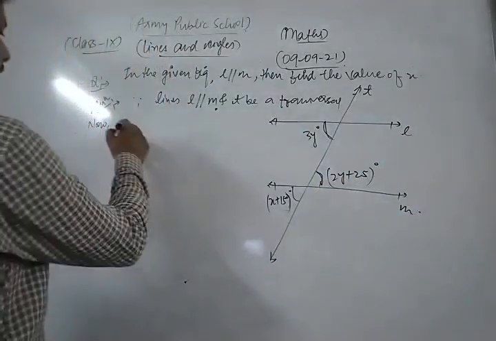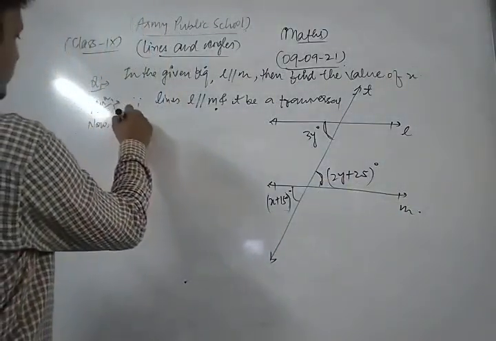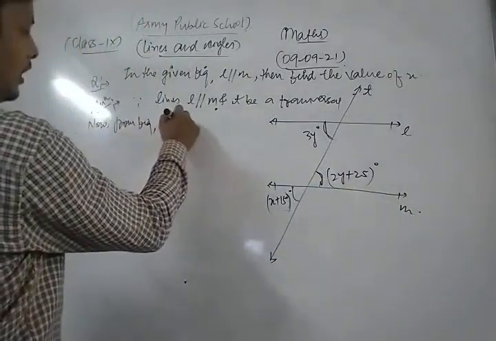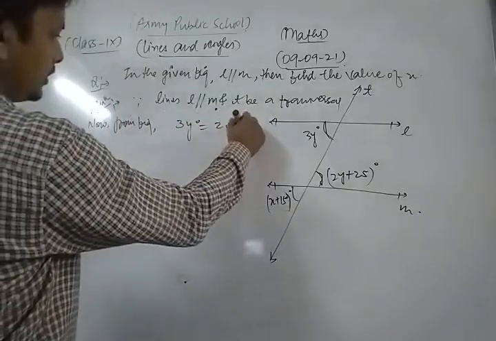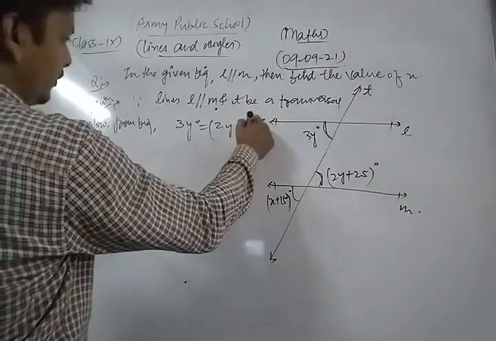Then from the figure, the angle 3y degrees is equal to 2y plus 25 degrees.